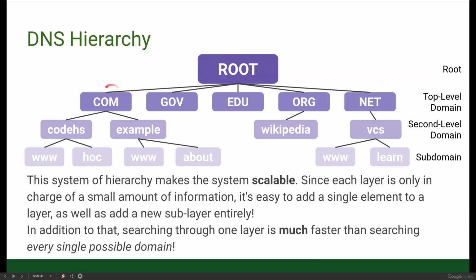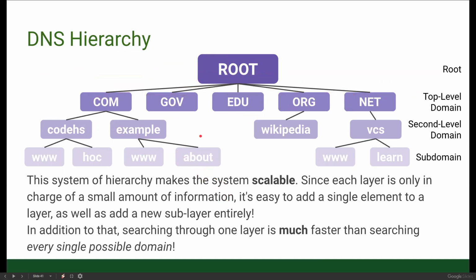It only cares about the server for COM addresses and gov addresses. It only cares about this next layer. And then each of these only cares about the next layer down. So it's really, really easy to add a single element to a layer, as well as add another layer down below if we needed to.